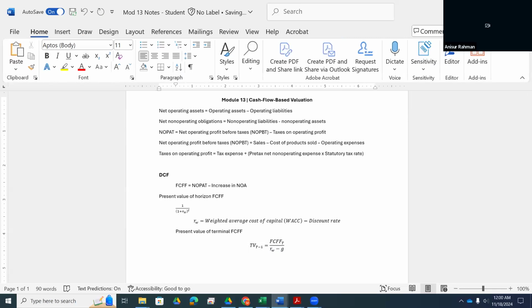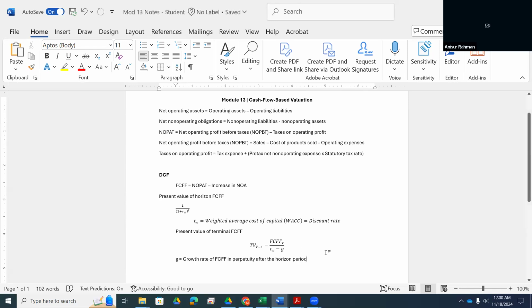G is the growth rate of free cash flow to the firm in perpetuity after the horizon period.